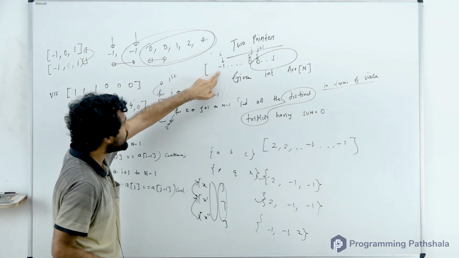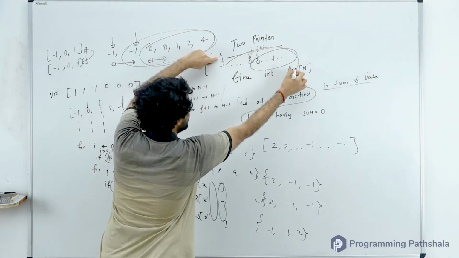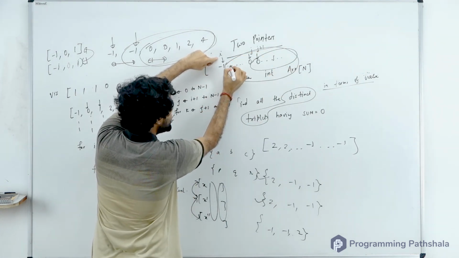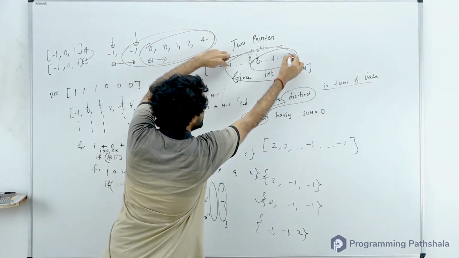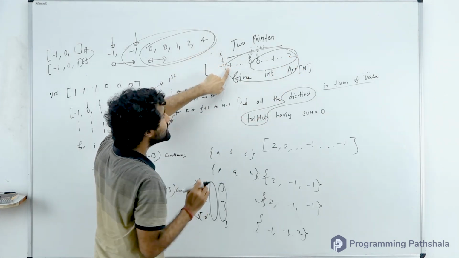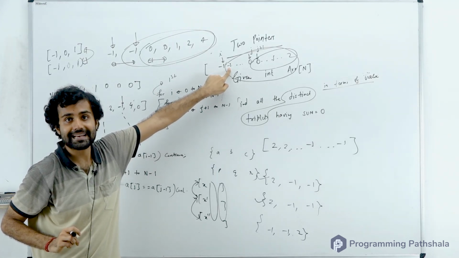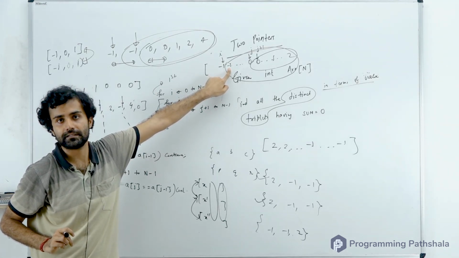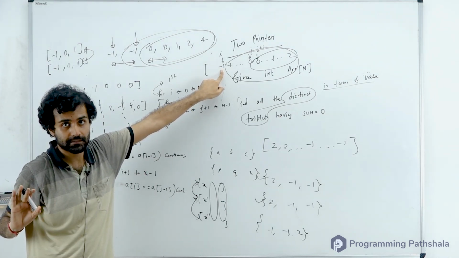Why should it be there? Because let's say you have a -1 over here, which is your I, and let's say there is a -1 over here and there was a 2 over here. Would you want to consider this as the second element of your triplet, where the first element is this? You would want to consider it, right?